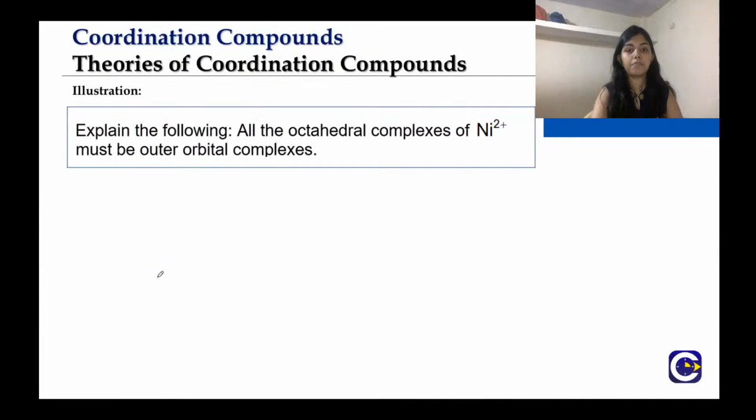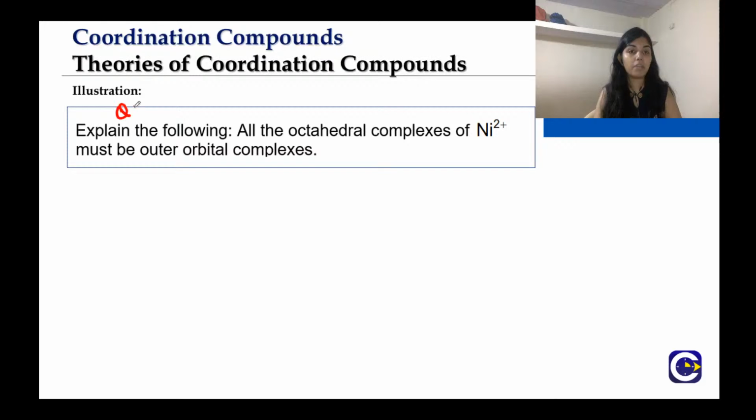Next, all the octahedral complexes of nickel 2 plus must be outer orbital complexes. Why? Give answer for this. Yes, Sham and Siddharth, you are correct for the previous question. Now explain this question, question number 4, I guess.